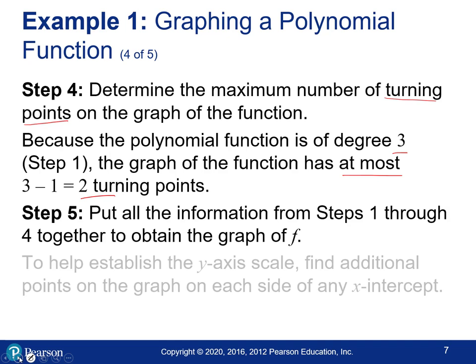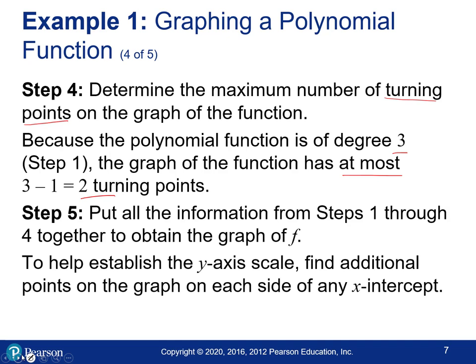And then step 5, we're going to put all of this together and start to get our graph. Sometimes this is not enough information to get a nice accurate graph, so we're going to find some additional points, and that's going to help us draw our graph more meaningfully. You want to pick numbers on the different sides of the x-intercepts.